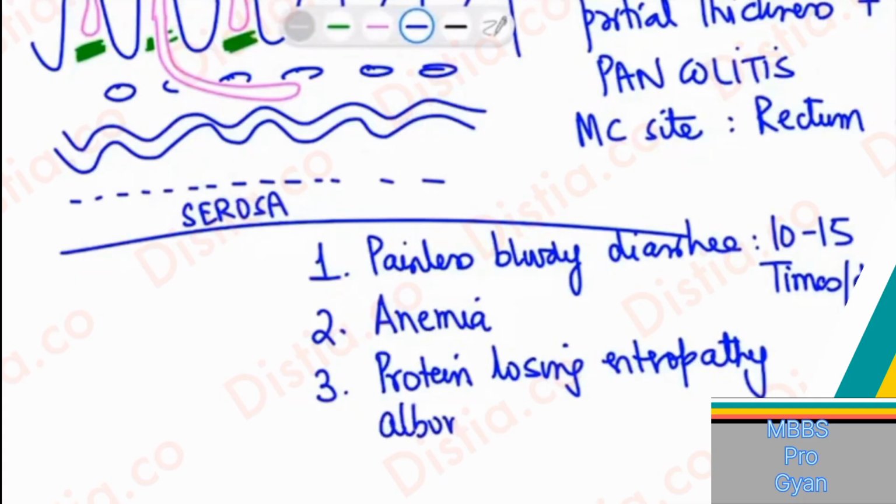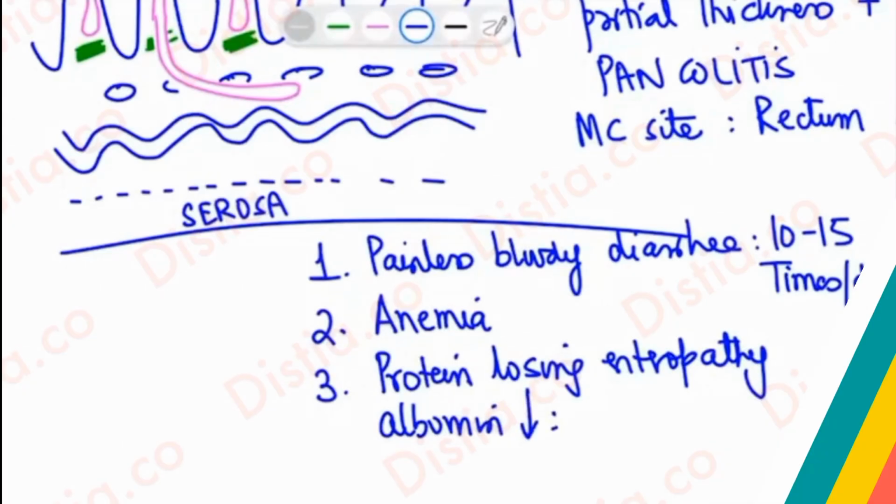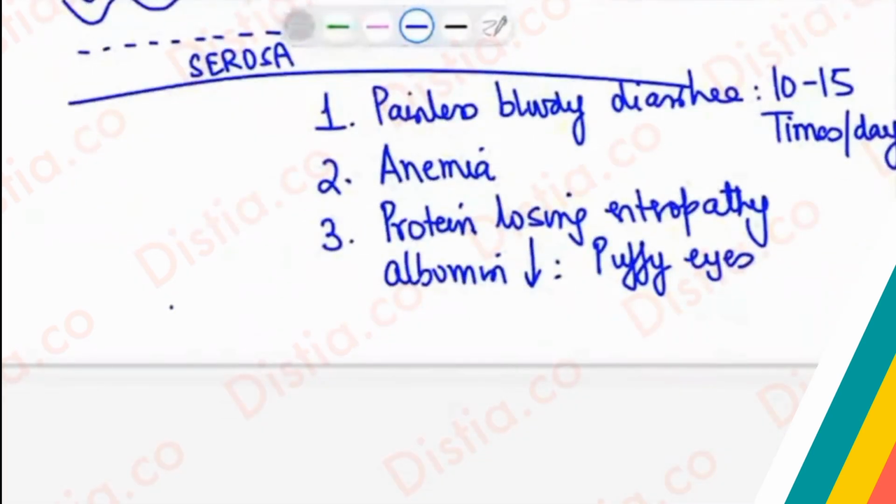Well, in a multiple choice question, because he knows that you will pick up the word protein losing enteropathy, he might just say that this person who's having this bloody diarrhea on a recurrent basis for the last 6 months is having puffy eyes or is having pedal edema, because if the oncotic pressure decreases, it might cause puffiness of the eyes, it might cause a pedal edema manifestation.